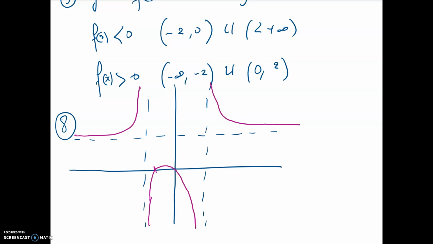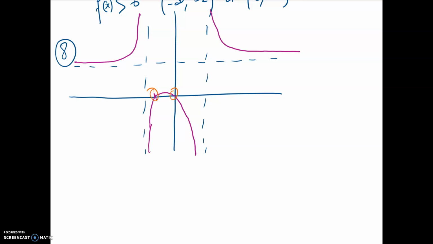All right, so in this problem number 8, we need to repeat exactly the same directions. We need to look at f of x equals 0, but this time solve f of x less than or equal to 0, or greater than or equal to 0 for C. For equal to 0, I can see clearly that right here and right there we have the only two values.